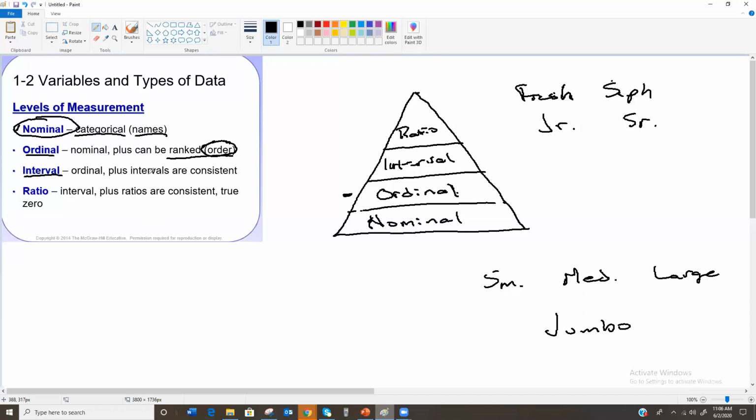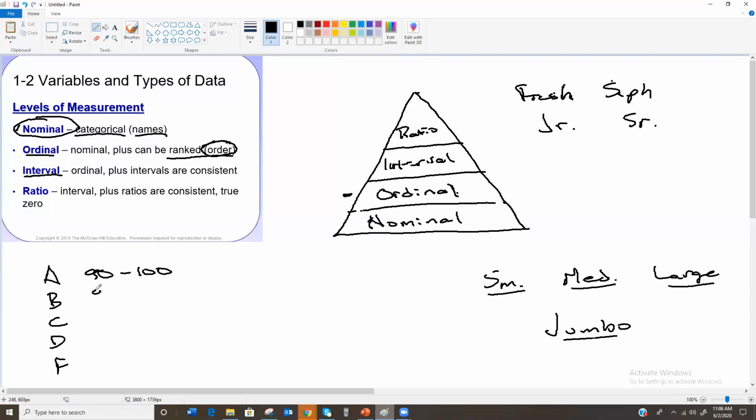And then the next thing is interval. When we're talking about interval, we have to have consistency. One that I like to show that is ordinal but not interval is grades. In a typical grading scale, we can order these, and the same thing with the drinks. An A is typically a 90 to 100, right?